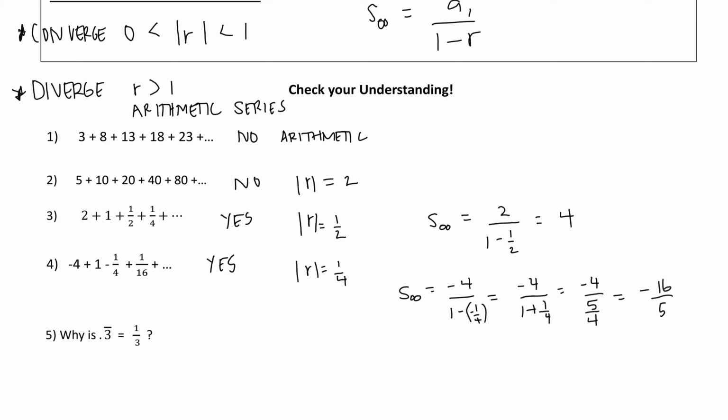But what about 3 and 4? 3 and 4 I can calculate. As I go along, the r value here is 1/2, so I can calculate that infinite series. The first term is a 2 and the r value is a 1/2.